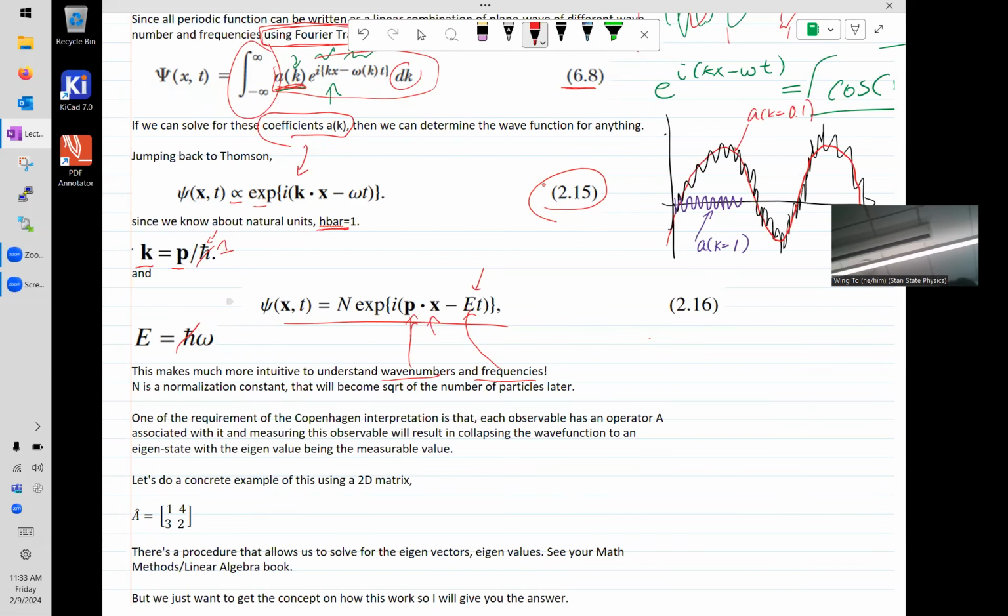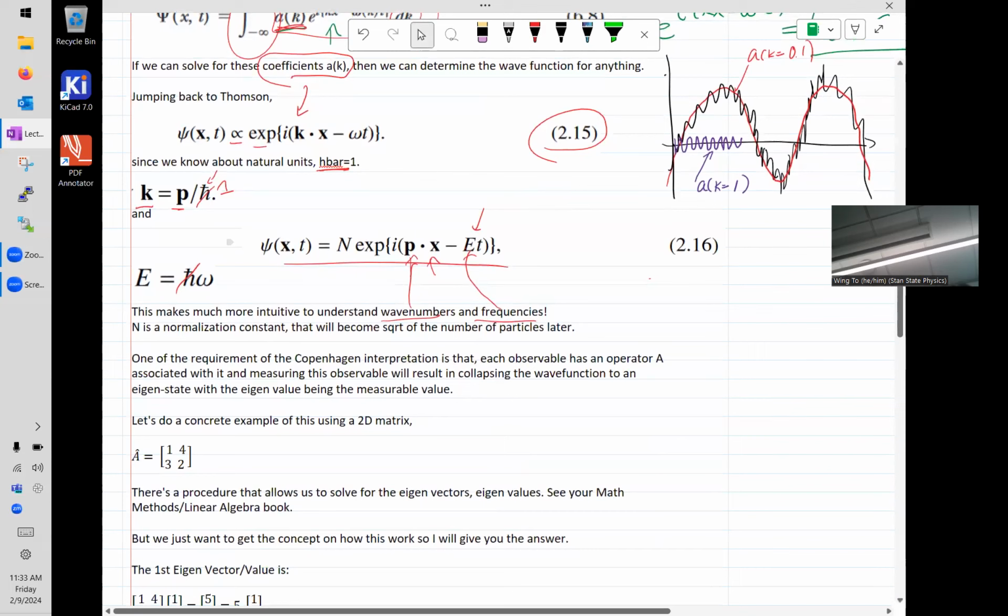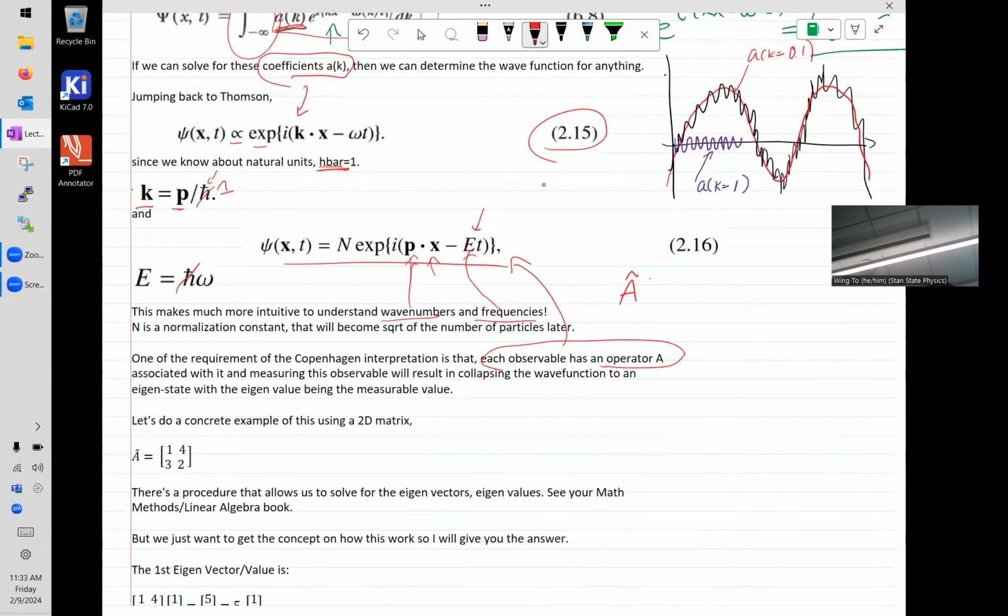So in order for us to use the Copenhagen interpretation, anytime we try to observe something, we need to act on the wave function with some operator, typically an operator A, with a little hat on top to show it's an operator versus just a number. We have some wave function that depends on x and t, and that allows us to measure whatever this A quantity is.